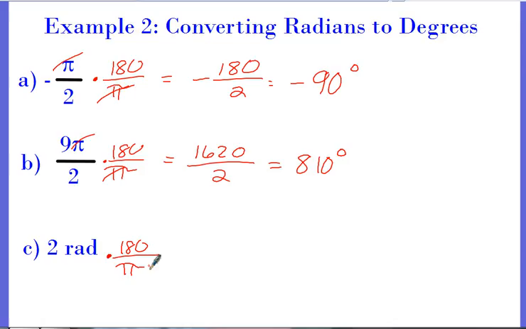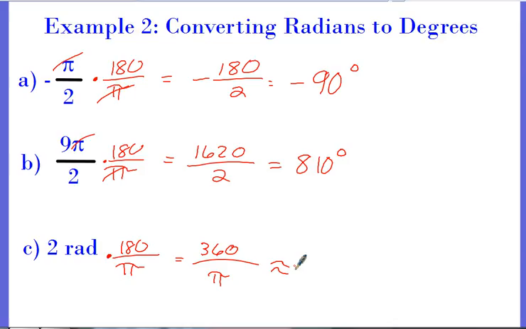So then here's the thing. It's just going to be 2 times 180, which of course is 360, divided by pi. So you can actually give me a number for that. So what is 360 divided by pi? Now notice, guys, I didn't say 3.14. I said pi. Where is your pi button?